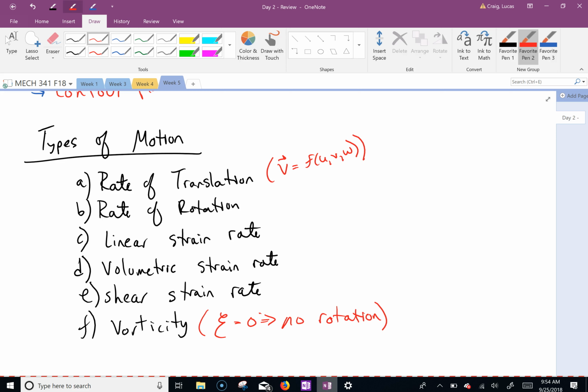So it could either expand all the way out or compress in. And then shear strain rate is, if the corners pinch, okay, that's like a shearing force. So there are equations for that. And then vorticity talks about what? You have homework problems on that, if it's spinning around. Okay? And you had that equation for that.